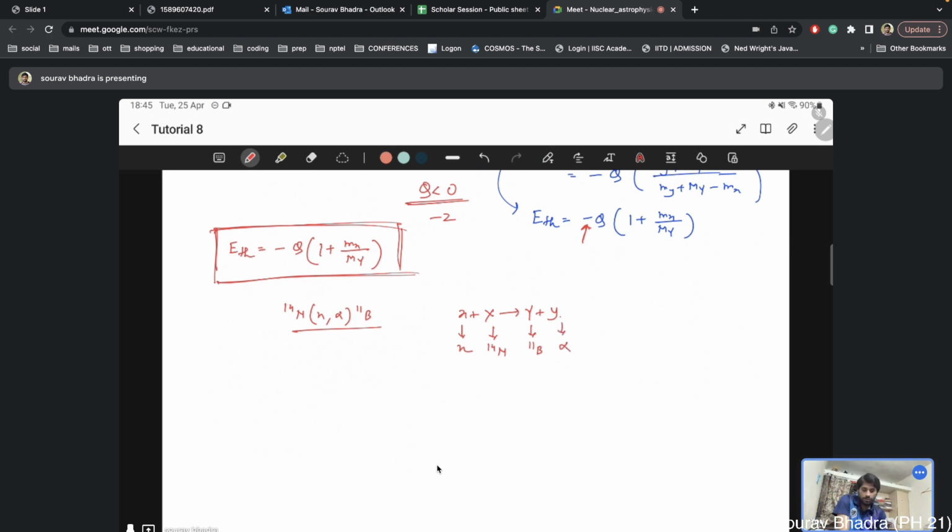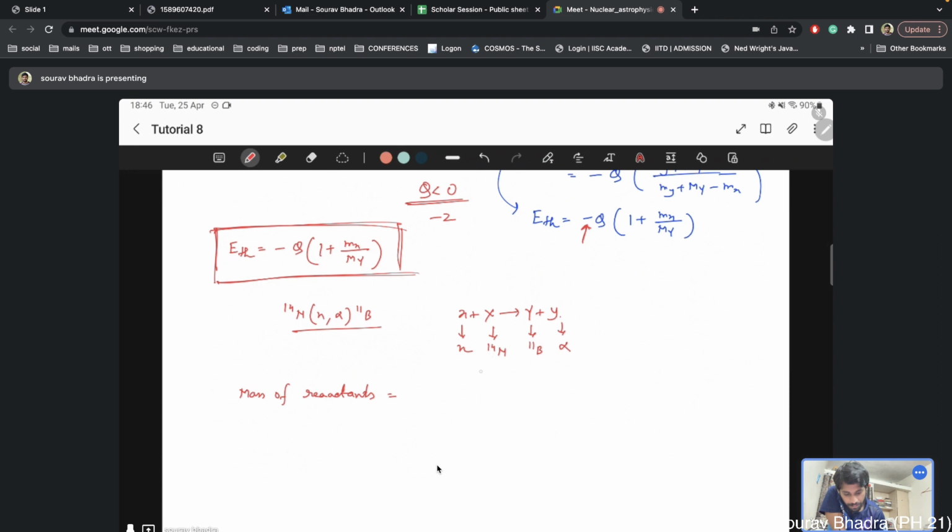Okay, so I will calculate the threshold energy which is required for the neutron so that the reaction occurs. And masses are given. So mass of reactants, that means small x plus capital X.